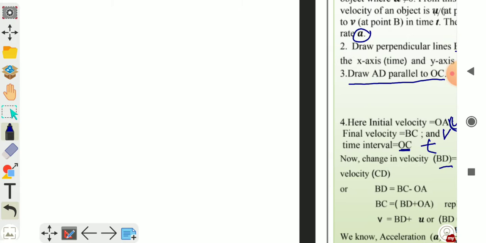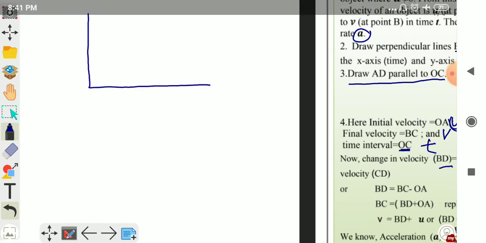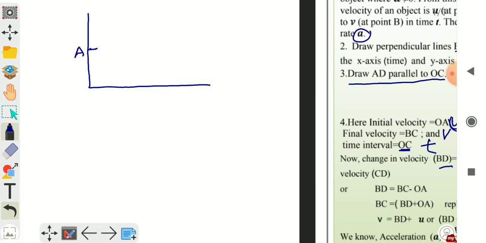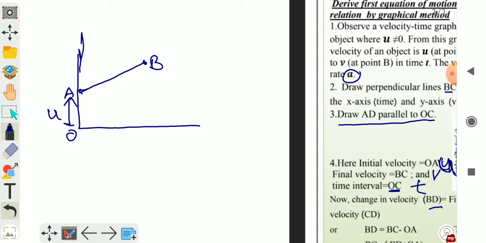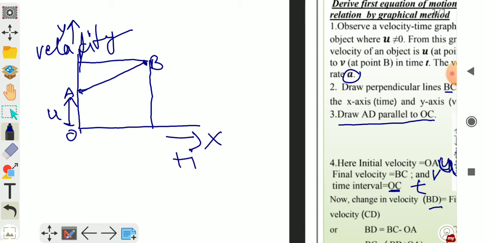Suppose this point is A, this distance is the initial velocity U, and it increases its velocity and reaches point B. This is the increased velocity v, and you have to draw two perpendicular lines from B. This one is the y-axis, represented by velocity, and this is the x-axis, the time axis.